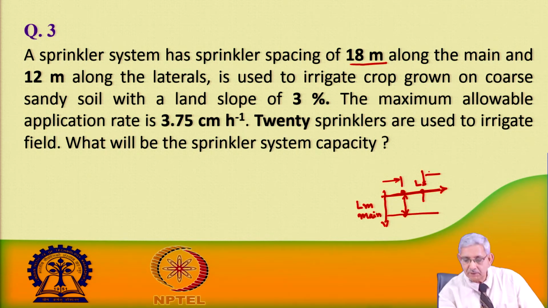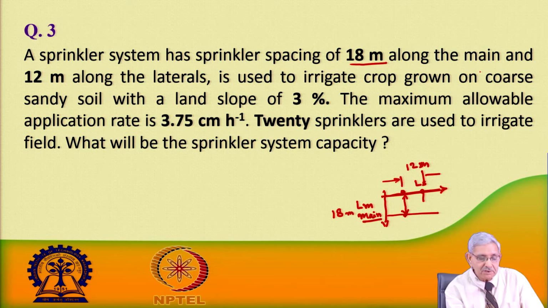Here it is given, this is 18 meter, this is 12 meter LS, and this is a main pipeline. So, here the spacing along the main is 18 meter and 12 meter, used to irrigate a crop which is grown on a sandy soil, okay, and the slope is 3%.